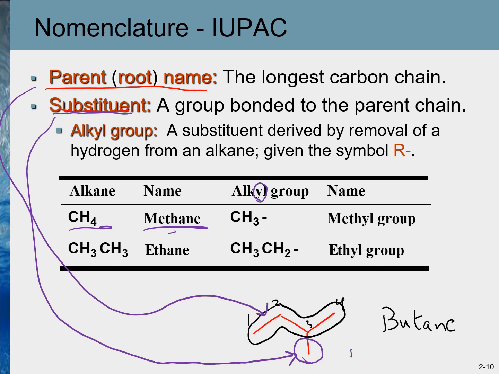So methane becomes methyl. Similarly, if we have an ethane substituent, the name of that substituent will become ethyl. Another thing to remember is that a substituent is always derived by removal of one hydrogen atom from the alkane. For example, this substituent is CH3 because the fourth bond is bonded to the parent chain.